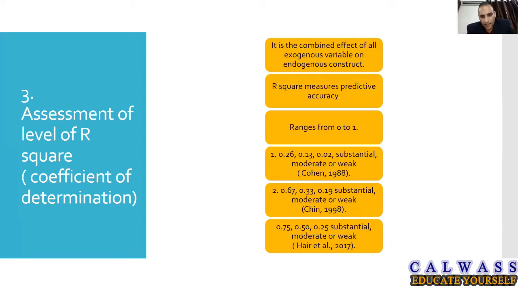It says that if you have an R square of 0.75 or greater, there is a substantial explanation of your DV through IVs. If it's 0.5, it's moderate. If it's 0.25, it's weak. You have different options available here, but the latest one is Hair et al.